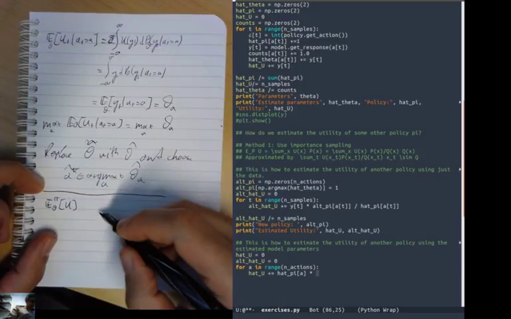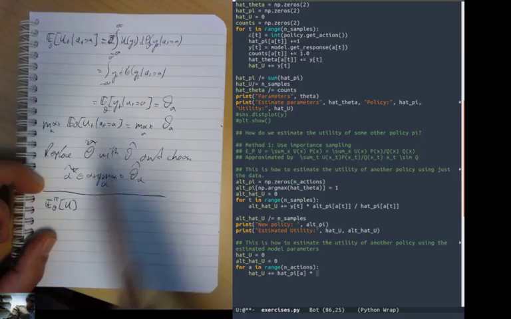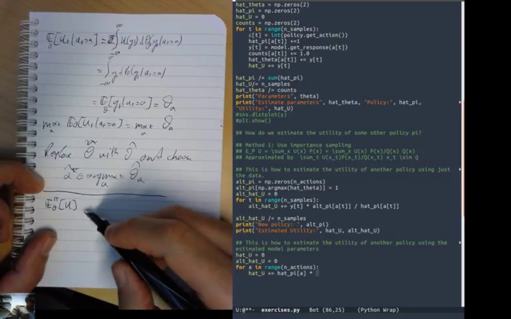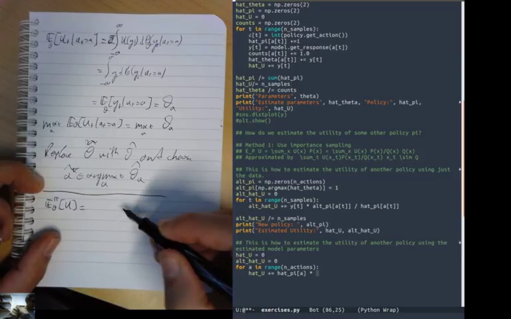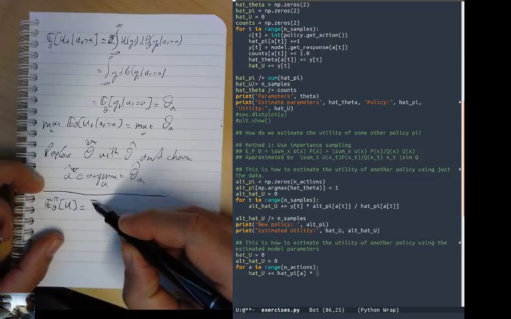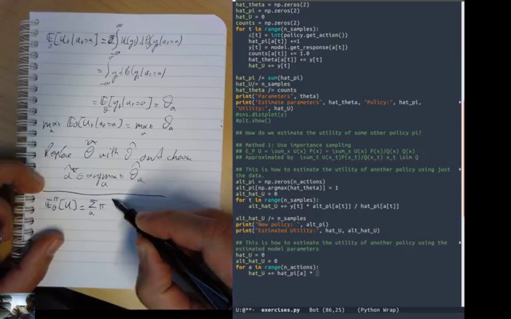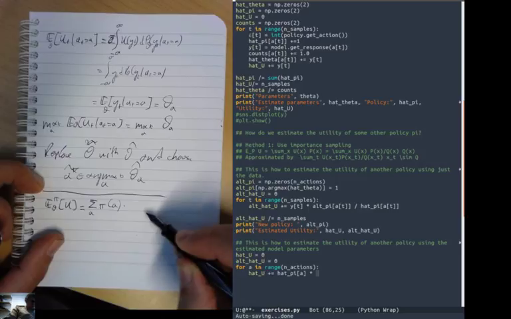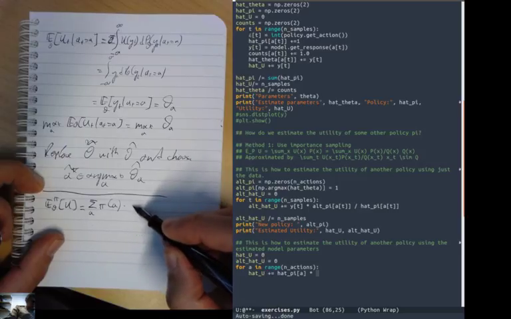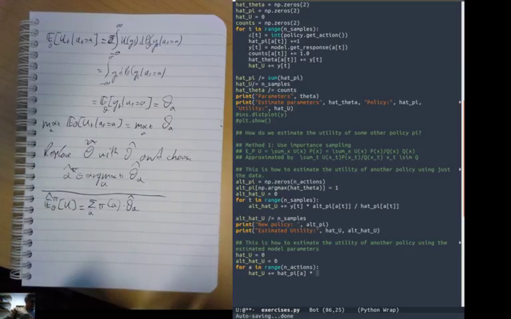The only thing we care about is the sum over all the actions of the probability under the policy of taking the action, and then the rest is basically theta a. So now we replace this with an estimated expectation. Let's put a hat there, or some other model of the parameter distribution.